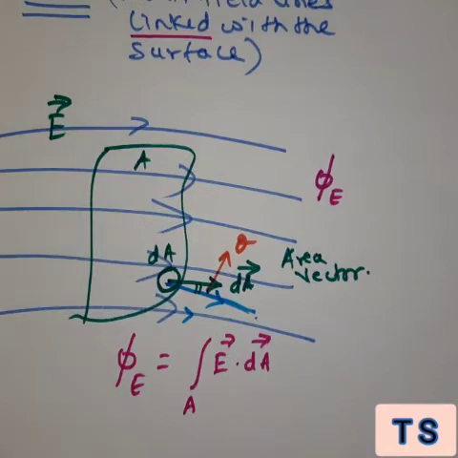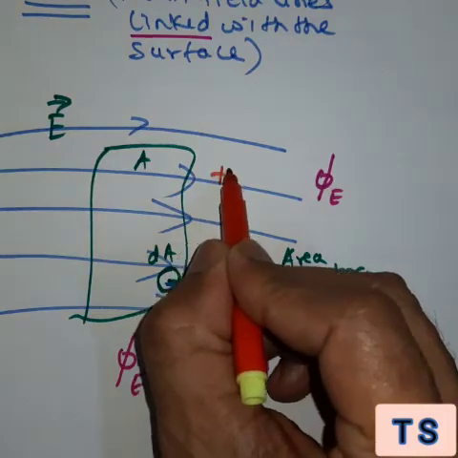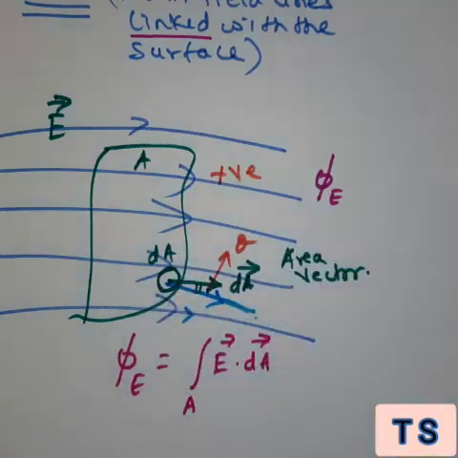Now the field lines which are emitting out of the surface are always taken as positive. The field lines which are entering the surface are always taken as negative.